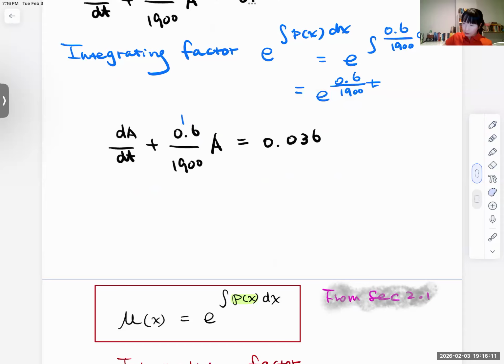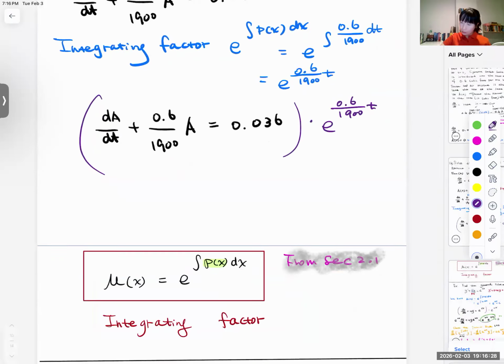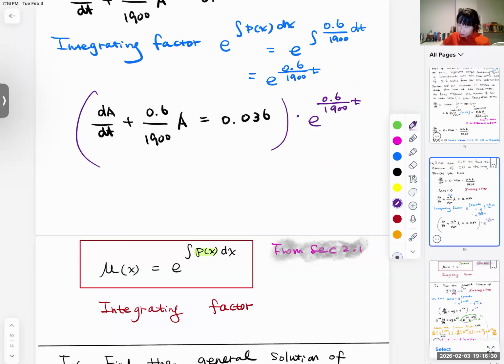And then multiply e to the 0.6 over 1900 t. Okay. So there will be, let me use a different page.